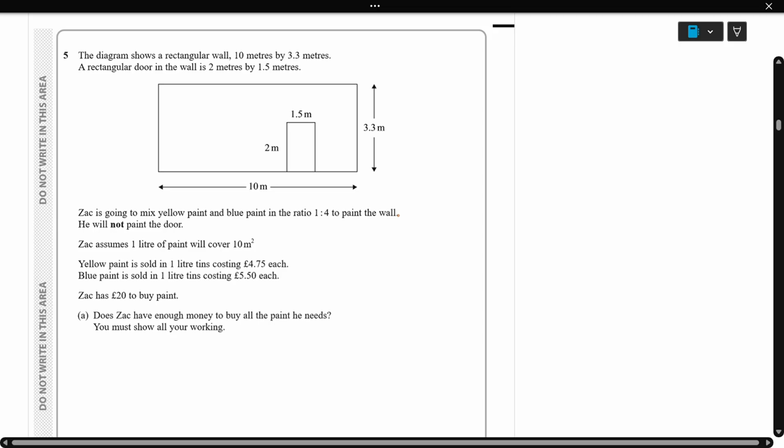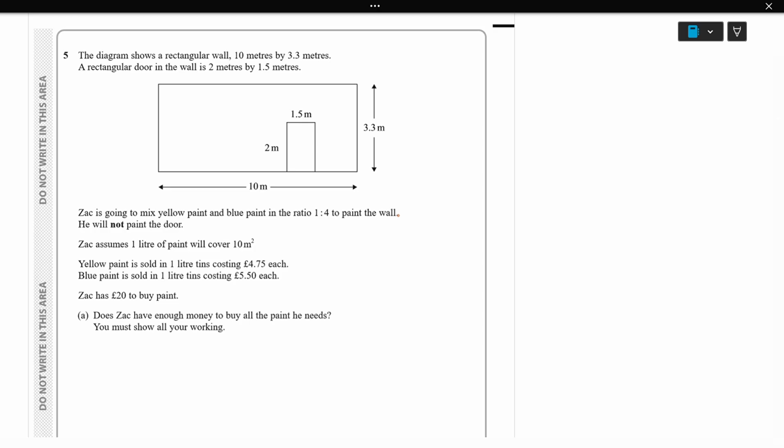Next, question 5. The diagram shows a rectangular wall 10 meters by 3.3 meters. The rectangular door in the wall is 2 meters by 1.5 meters. Zach is going to mix yellow paint and blue paint in the ratio 1:4 to paint the wall.